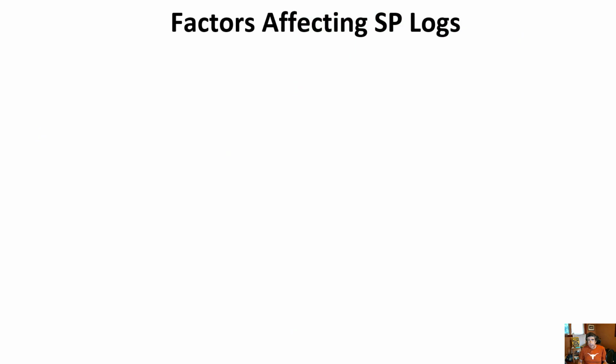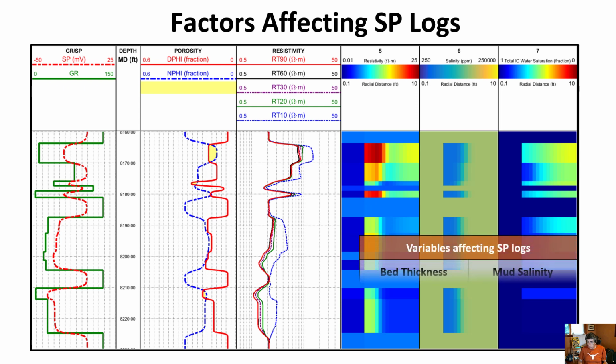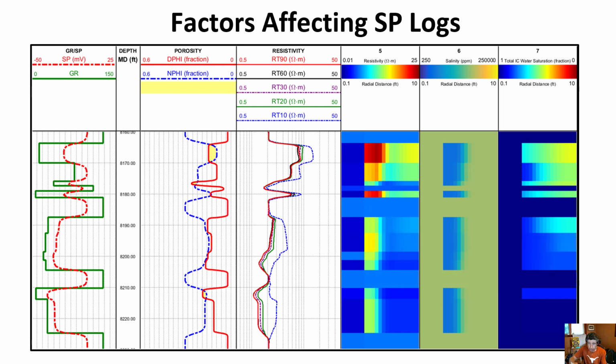Now, as a summary, here's an interesting slide that shows a synthetic model that has the gamma ray log, the spontaneous potential log, the neutron and density logs in sandstone porosity units, and the electrical resistivity logs. Deep sensing is the red, shallow sensing is the blue. These logs were calculated in the presence of invasion.